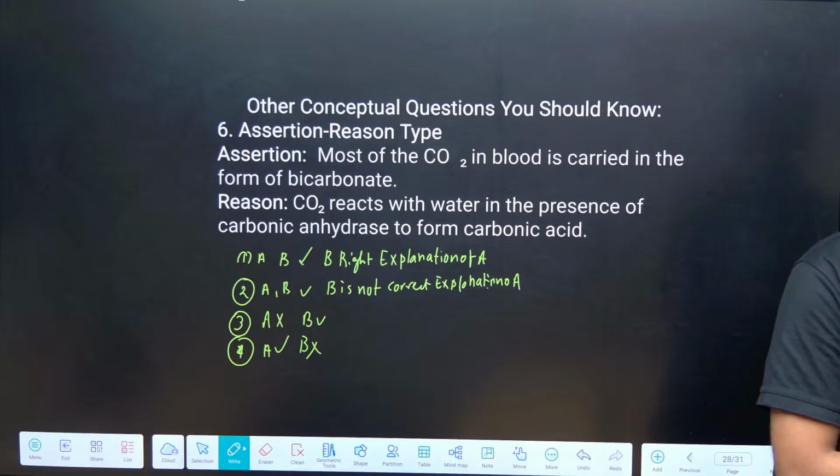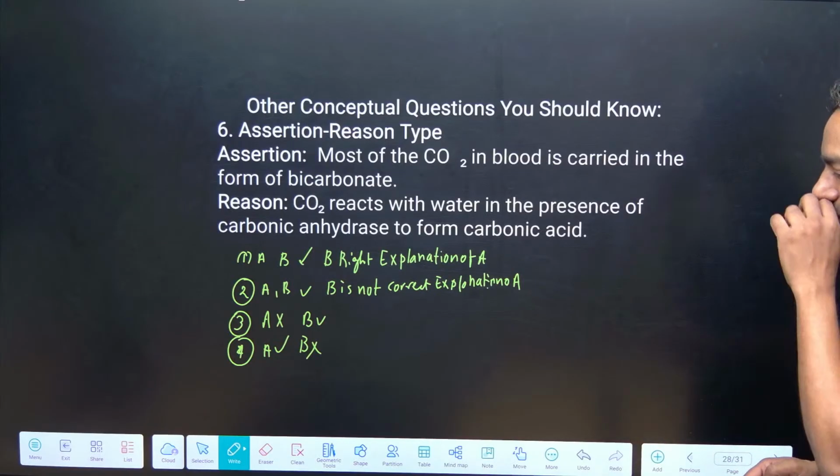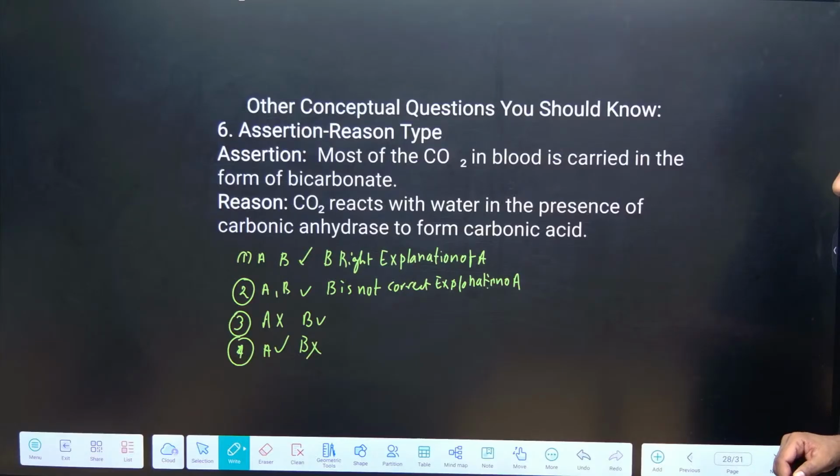Which one is correct? A or B, first one or second one? This kind of assertion and reason is a little difficult. If either one is wrong, it is very easy. Both correct is very difficult.